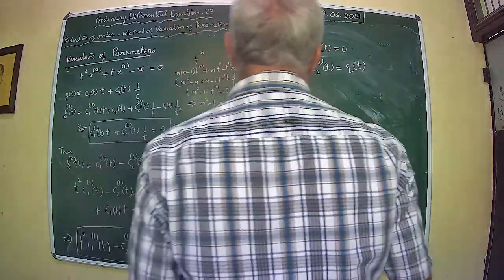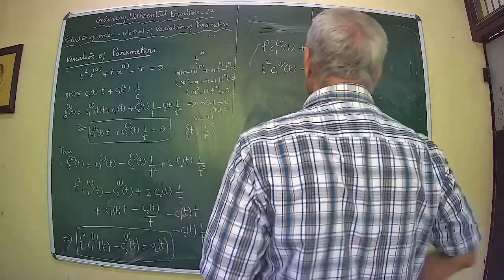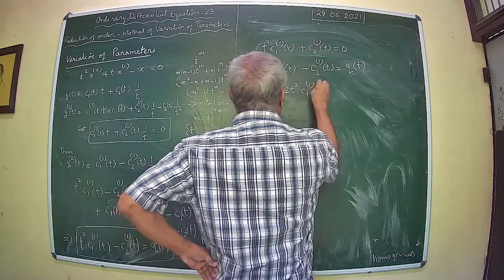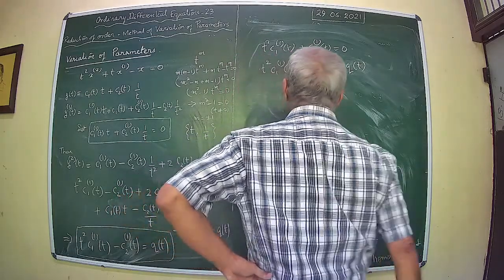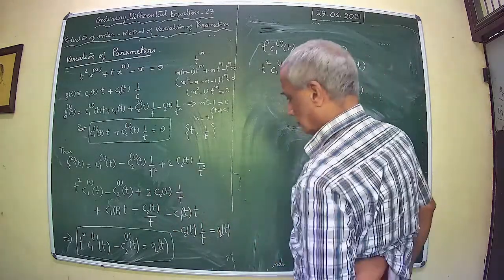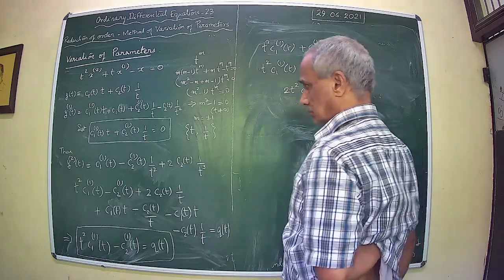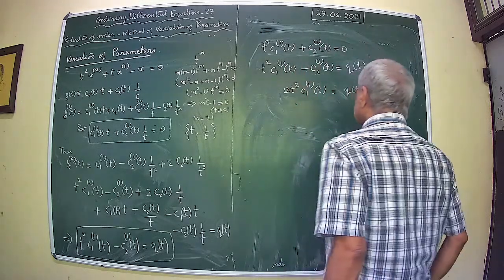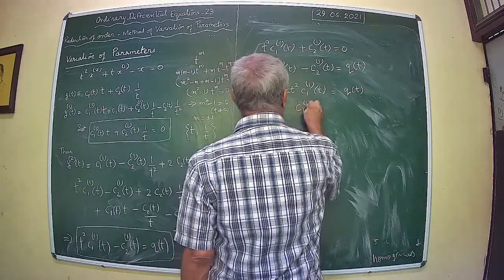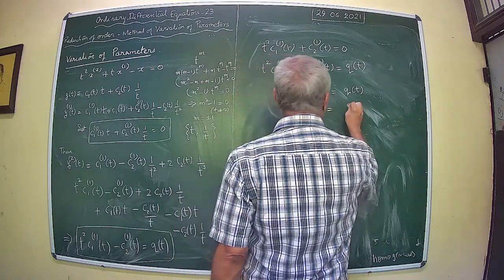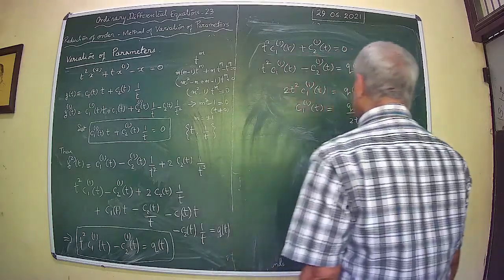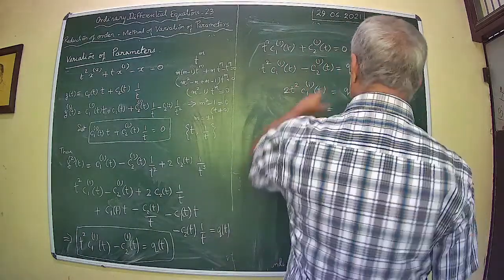solve it. When you solve it, you get 2t square, therefore C1 derivative of t, similarly, so you substitute that there.